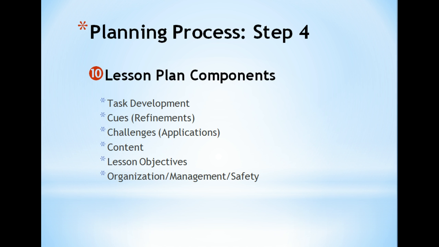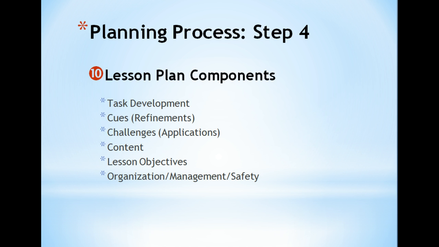Then of course there's the content, the lesson objectives, which are in 3 learning domains: psychomotor, cognitive, or affective, and the way you can tell is by looking at the behavioral verb to see what that verb is describing. And then the most important part of the lesson probably is the organization, the management, and the safety of the lesson.